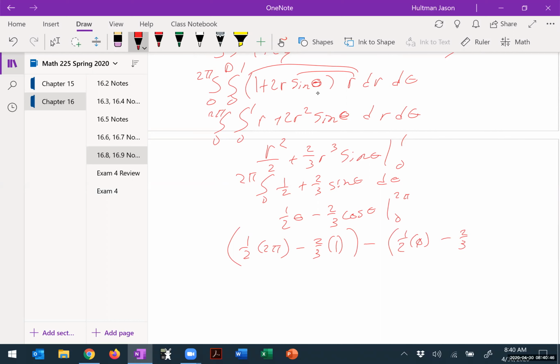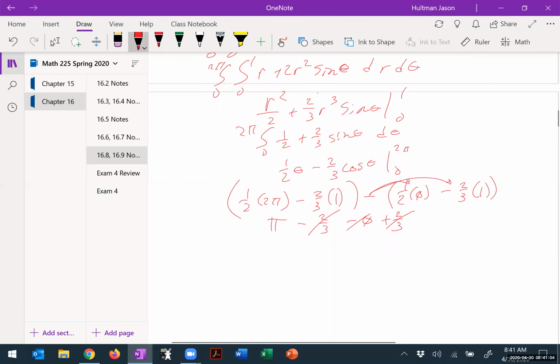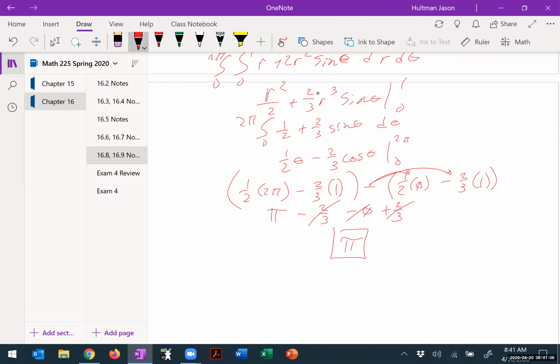But what is the cosine of 0? Well, that's just 1 again. So this becomes pi minus 2/3. This is going to get me minus 0, and this is going to get me plus 2/3. That goes away, and we're left with just pi.